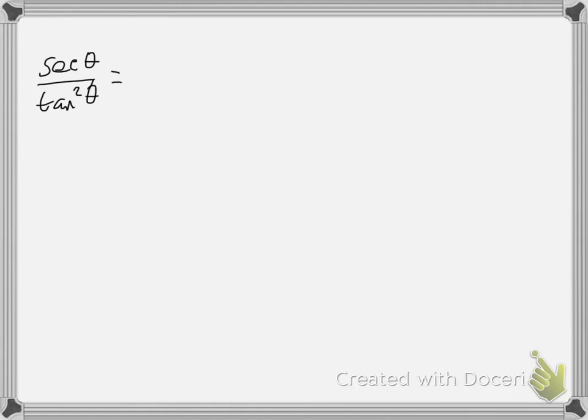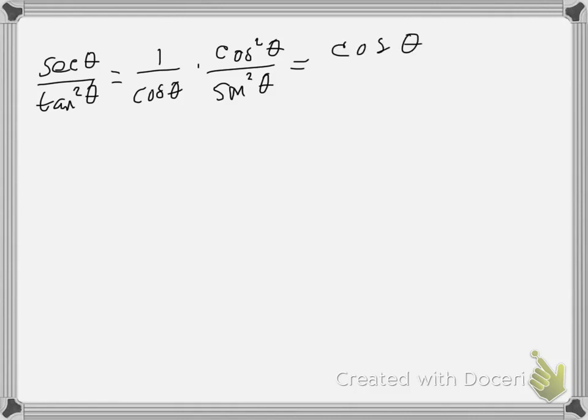Well, this is equal to 1 over the cosine of theta times cosine squared of theta over sine squared of theta, which is equal to cosine of theta over sine squared of theta.